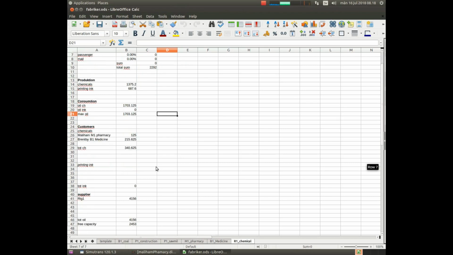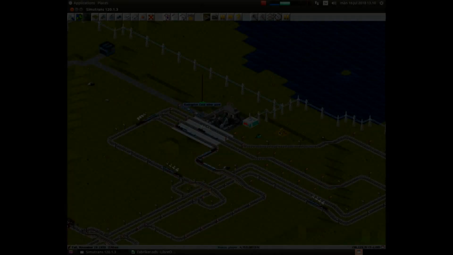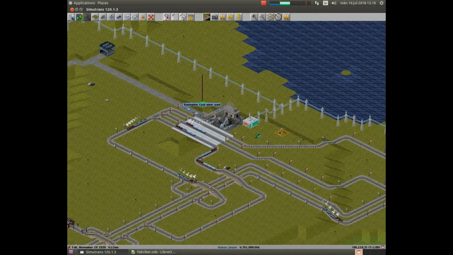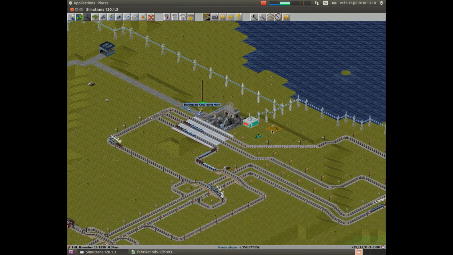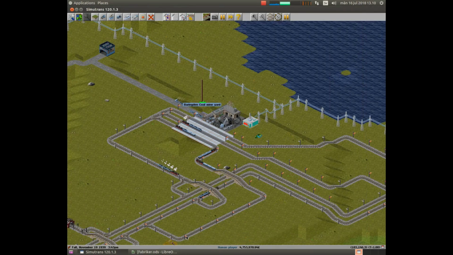Now we can see the oil supplier and see how much free capacity we have. So why should I create a sheet for calculation of demand? Well, as you can see, the calculation becomes more and more messy the more complicated a supply chain you get.